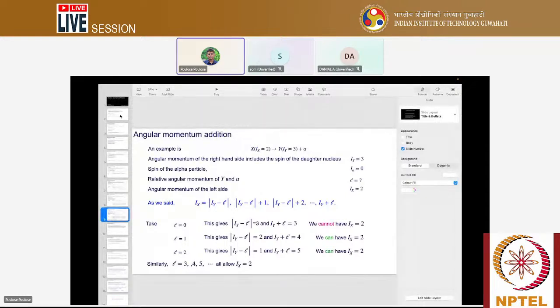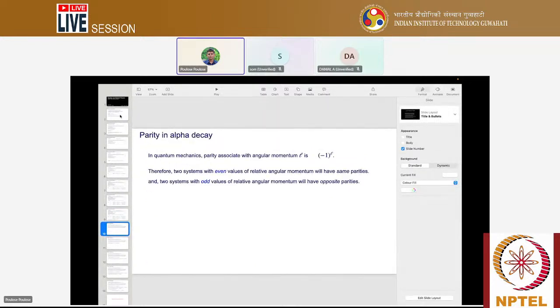But there is also one more consideration, which will actually need to be taken into account. That is parity. What is parity?